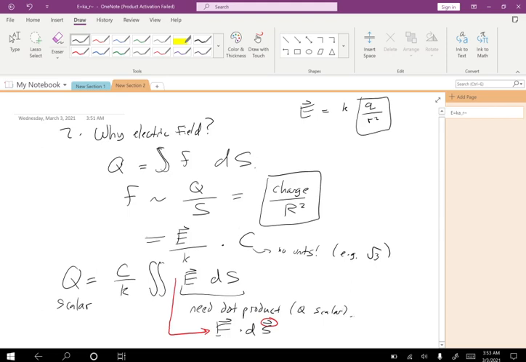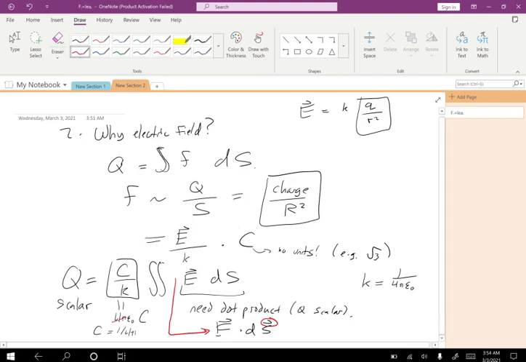Okay? And finally, let me just note that K is 1 over 4 pi epsilon naught, where this is the permittivity constant. For this class, we don't need to care about what epsilon naught is. We'll just leave it symbolically, but physicists call this the permittivity constant. So if I plug this in here, our C over K will now be 4 pi epsilon naught C. So if we just choose C equal to 1 over 4 pi, that cancels.